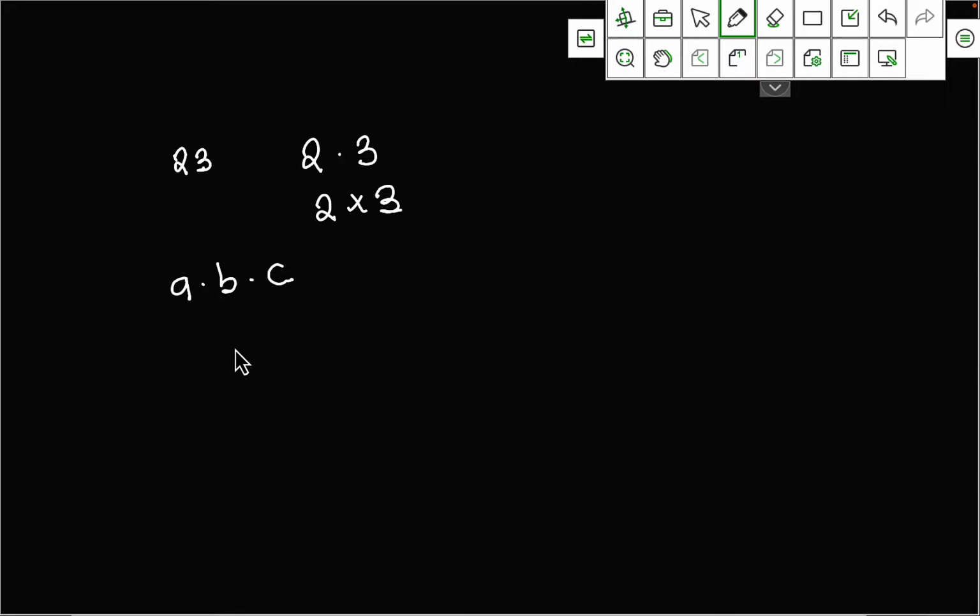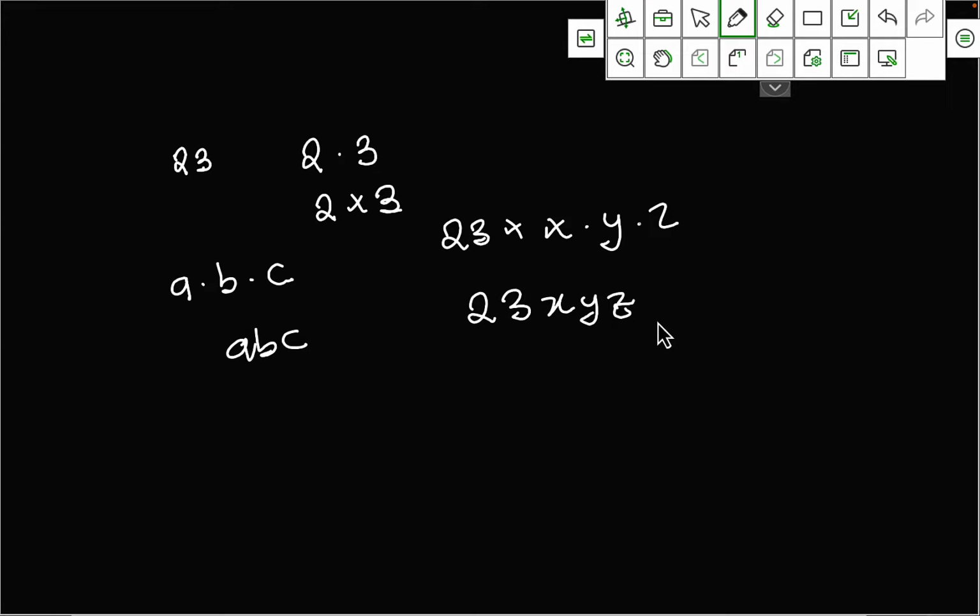So that is going to be ABC. So if I want to say 23 times X times Y times Z, this is the same as 23XYZ. You understand? So it is very important.